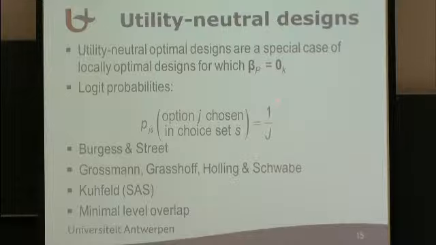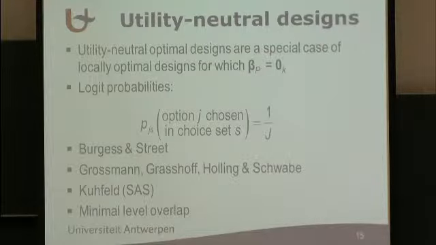The logit probability simplifies to 1 over J, 1 over the number of alternatives in a choice set. And then your information matrix looks much simpler, and you can prove a lot of different theorems, and you can show that some kinds of designs are optimal under this assumption that beta is equal to 0. That's the approach that has been used quite a lot in the literature.